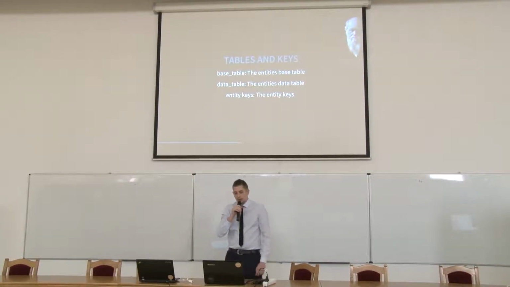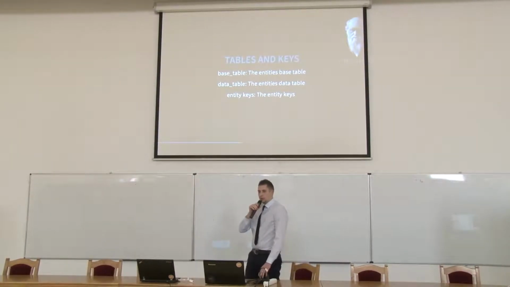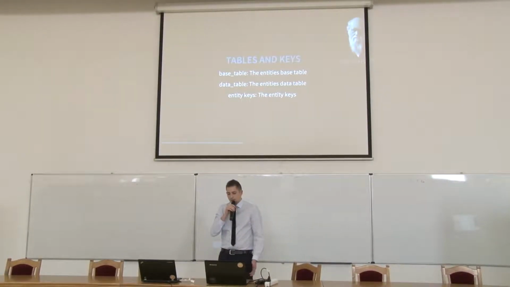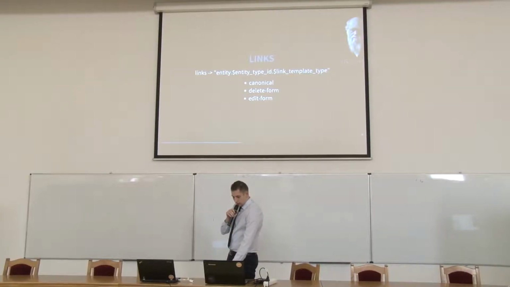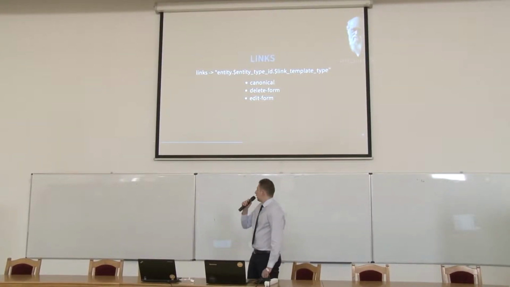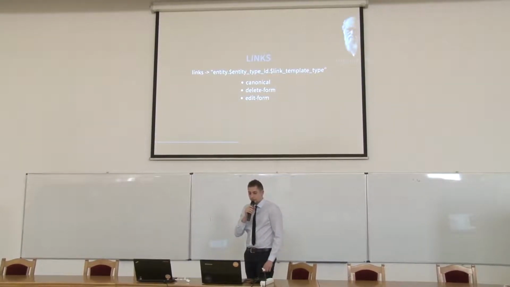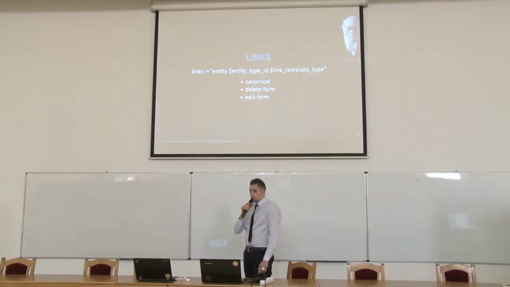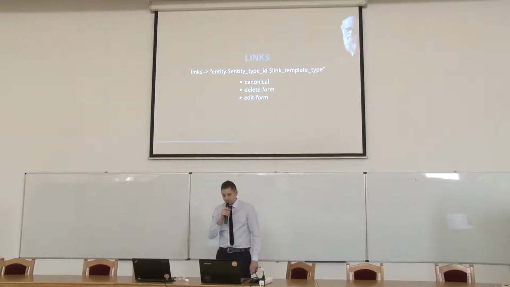We have specified another annotation, the entity keys, the properties that identify an entity, and we have the links for our entity. Our links should take the following template: entity.entity type ID and the link templates type.